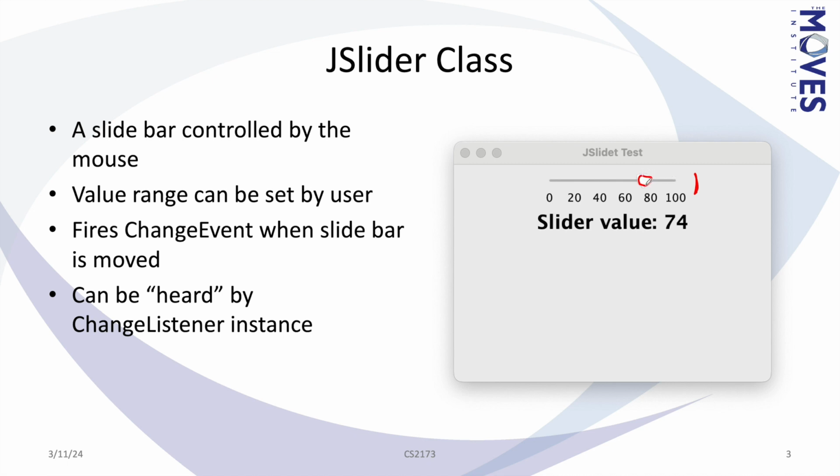You grab the nib and move it back and forth, and it goes to different values. The default values are 0 to 100, which I was using here, but you can set it to any values that you want.